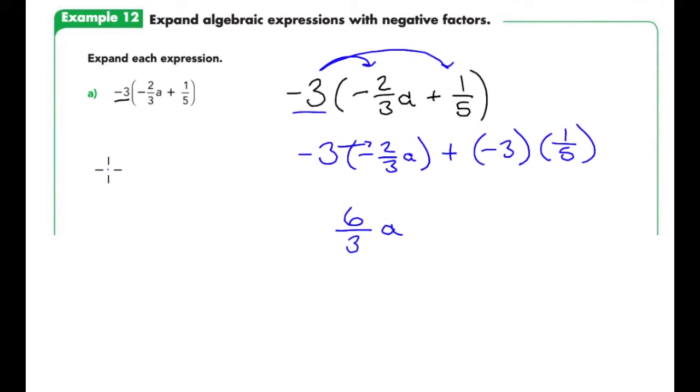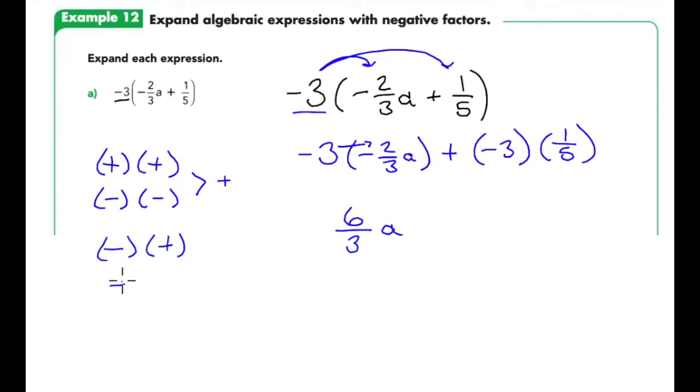Anytime we have the same sign, so if we have a positive times a positive, or a negative times a negative, that leaves us with a positive. When we multiply with different signs, if we had a negative times a positive, or a positive times a negative, that will leave us with a negative.